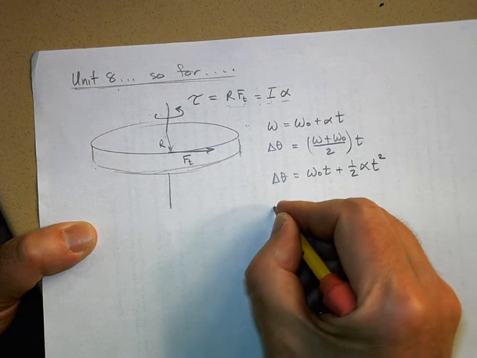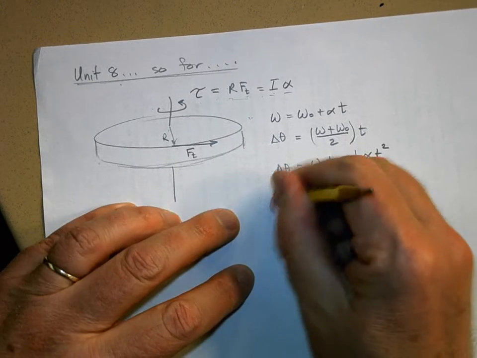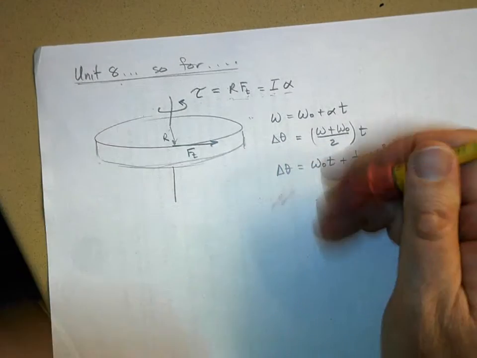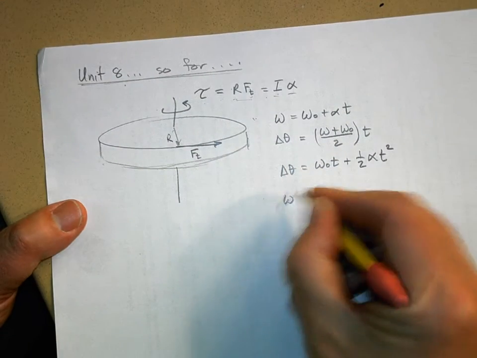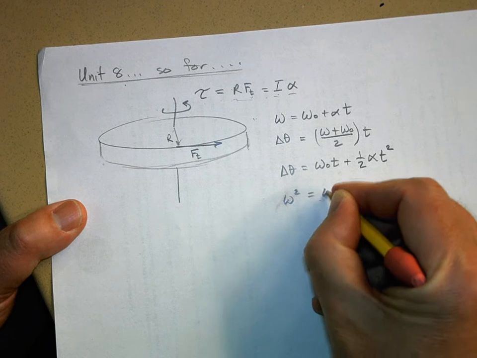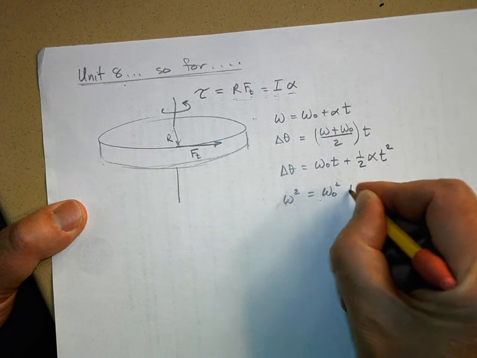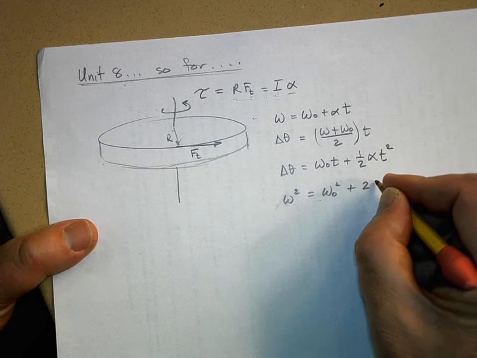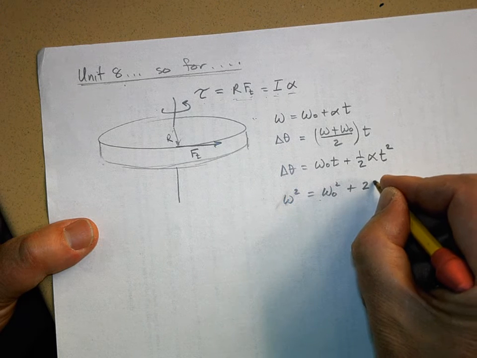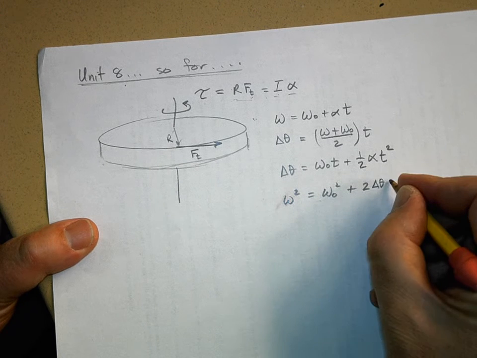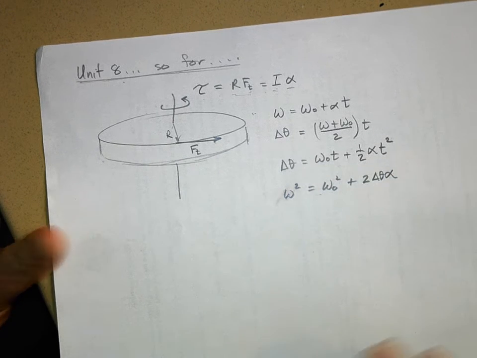And finally, whoops, I always do that. The final angular velocity squared equals the initial angular velocity squared plus twice the angular displacement times the angular acceleration.